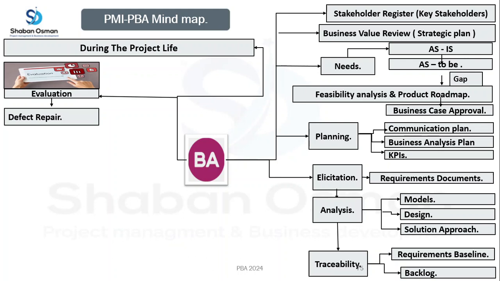Actually, solution evaluation is a continuous process and a continuous task for the business analyst. So this is an overview about the main steps of business analysis. Actually, each step will be detailed through our knowledge areas.